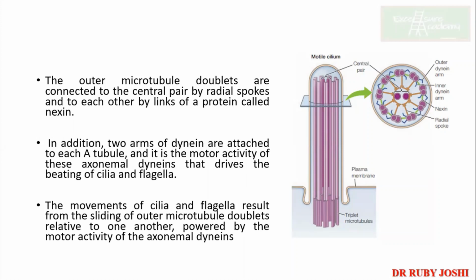The movement of the cilia and flagella results from the sliding of outer microtubule doublets relative to one another. That is, when this slides with respect to this, it is going to create movement. So they help each other in the sliding, right? And this is done by the motor activity of the dynein arm.